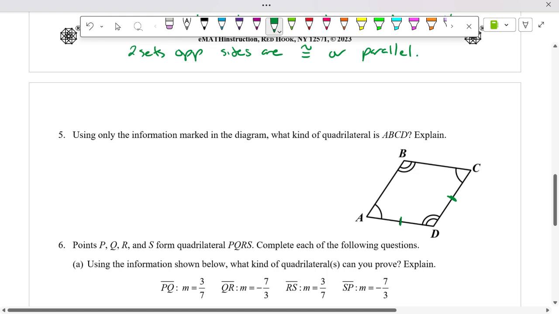So in other words, all the features in a parallelogram are in a rhombus. So opposite sides are congruent. If they didn't show us that these 2 sides were congruent, we just had the opposite angles, that's enough to say it's a parallelogram. What makes it a rhombus is that the adjacent sides are congruent. Because if you think about it, a kite only has 1 set of opposite congruent angles.